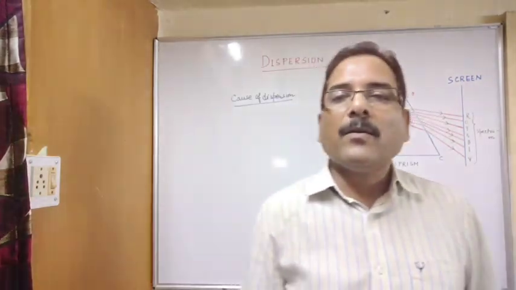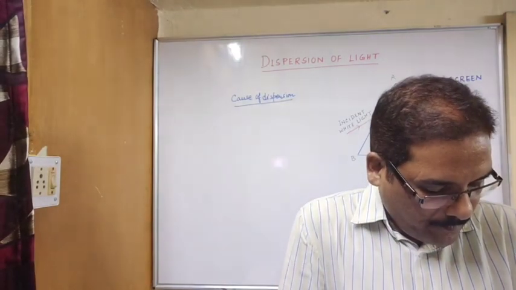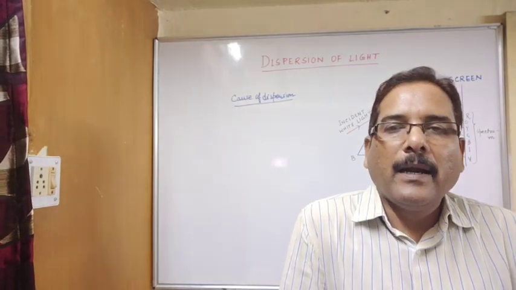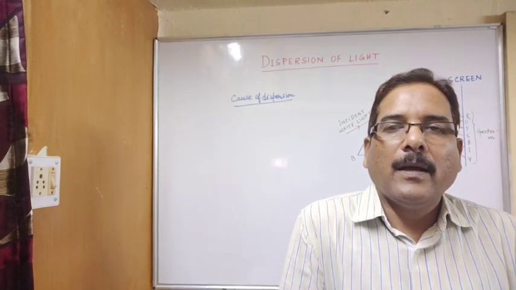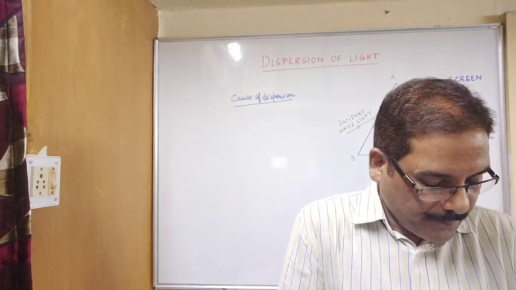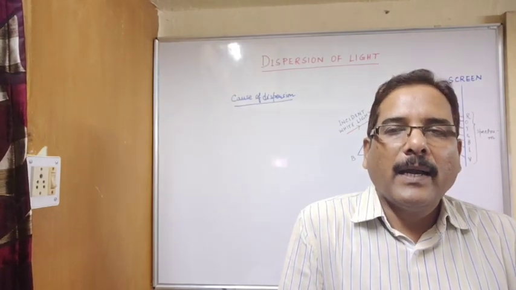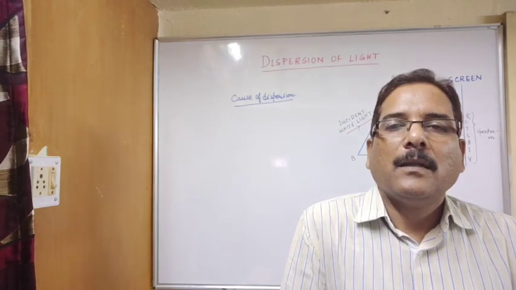So you write a sentence. The red light bends the least, while the violet the most.